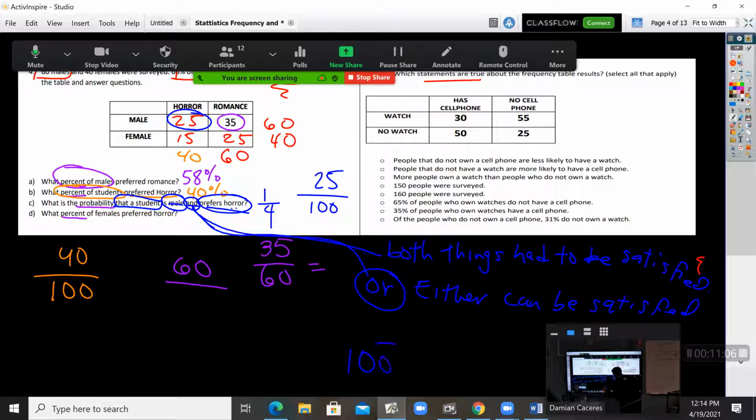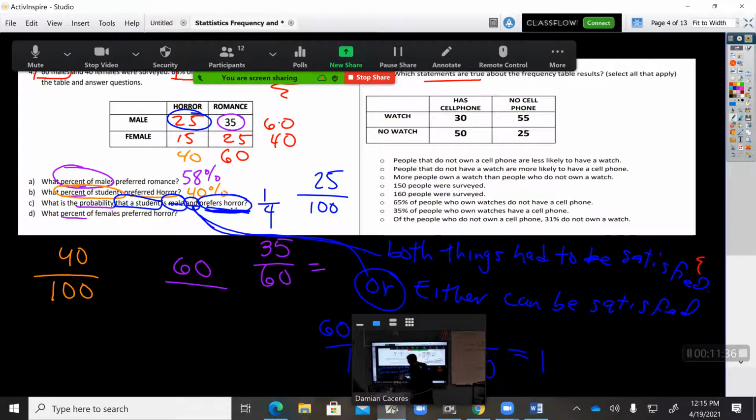So let's see how our answer changes just with the word or instead of and. So we know our total is going to be 100. Now, what is the total for male? 60. But you have to combine it with the total of whatever else they're talking about. Prefers horror. What's the prefers horror total? 40. 60 plus 40 is 100. And 100 out of 100 is 1. So if they're asking for a probability, it's 1 over 1, which is 1. You have to leave it as 1.